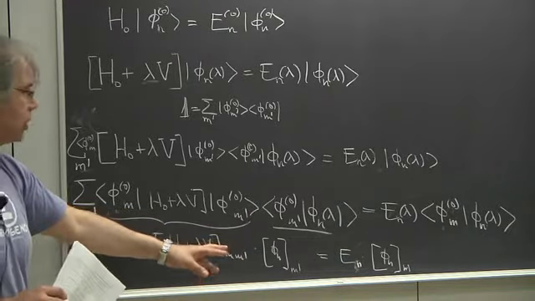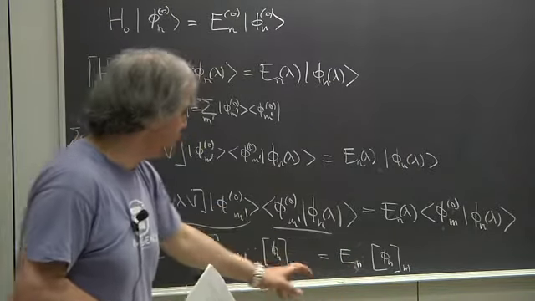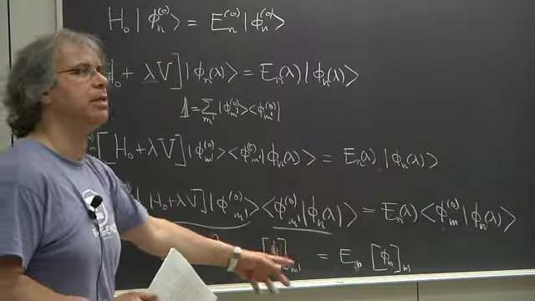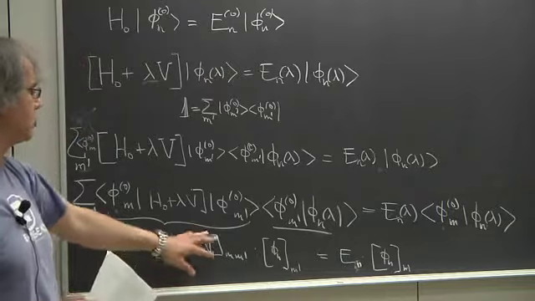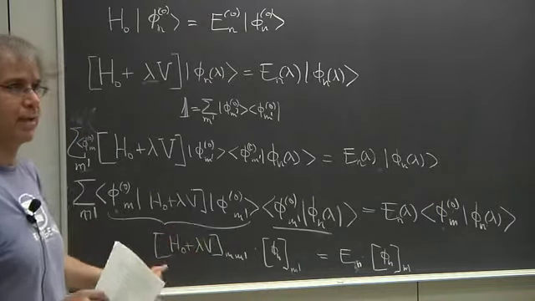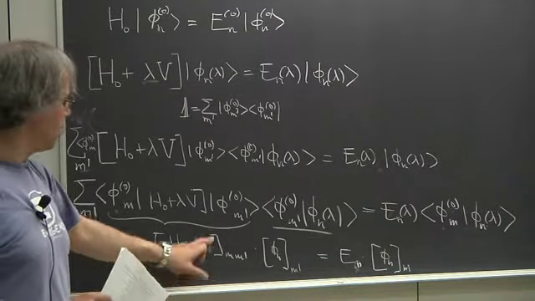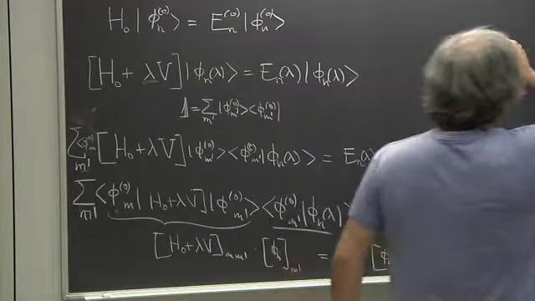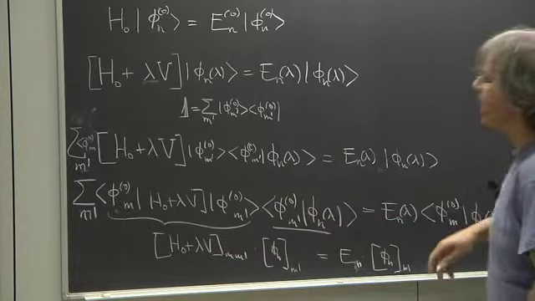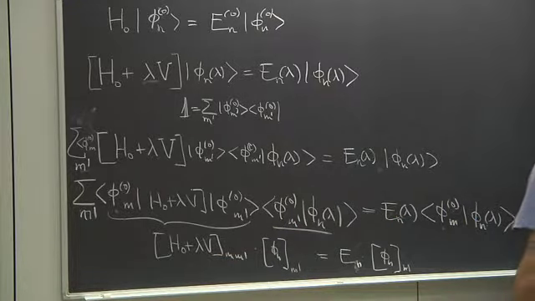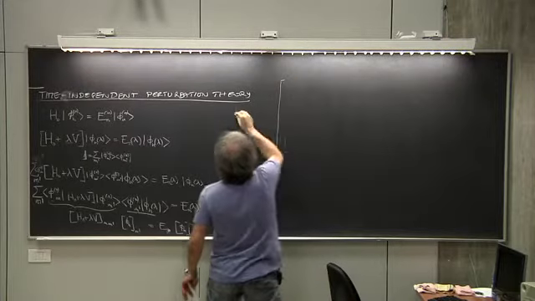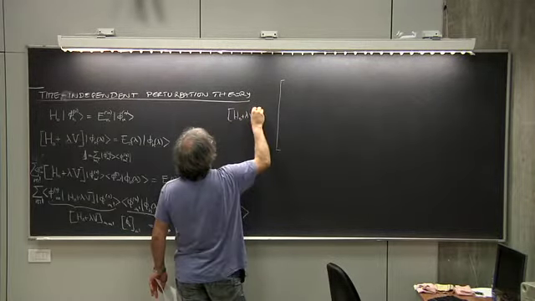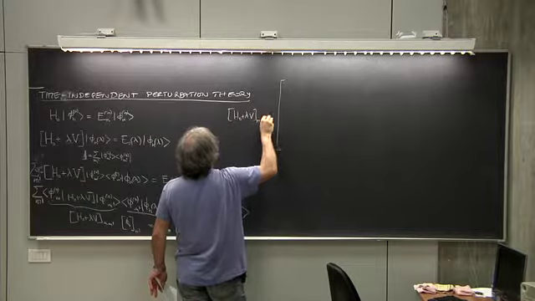Okay? So the new eigenvalues and the new eigenvectors are just the standard eigenvalues and eigenvectors of this matrix. Now, you see that this is in general a matrix which is full of numbers. Let us write this matrix. H0 is very simple. So I write the matrix H0 plus lambda V in the old basis, so M prime. Okay?